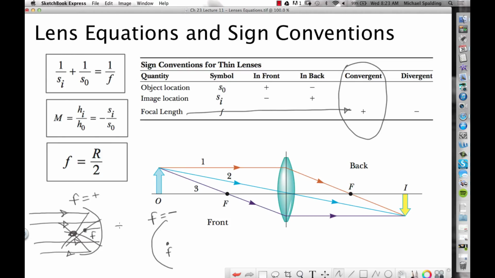So look, what do parallel light rays do when they strike a convex mirror? They're going to diverge. So convex mirrors, which you could also call a diverging mirror, have negative focal length. If you're talking about a diverging lens, it's a negative focal length. I don't know if that made any sense. I'm drawing a similarity between mirrors and lenses.